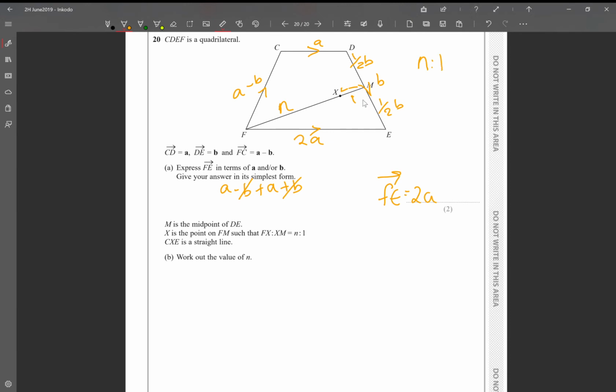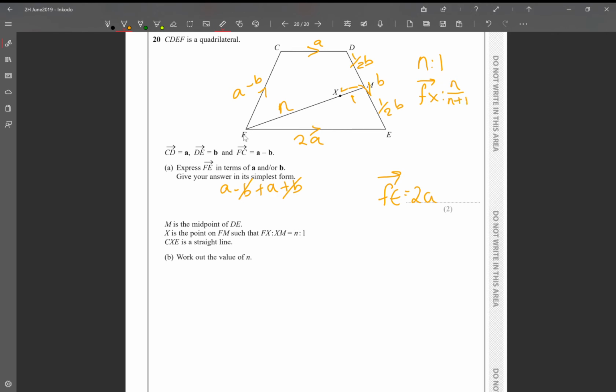Now, importantly with ratio, when you think about this as parts, F to X as a fraction of F to M is going to be n out of n plus 1, because that's the total.